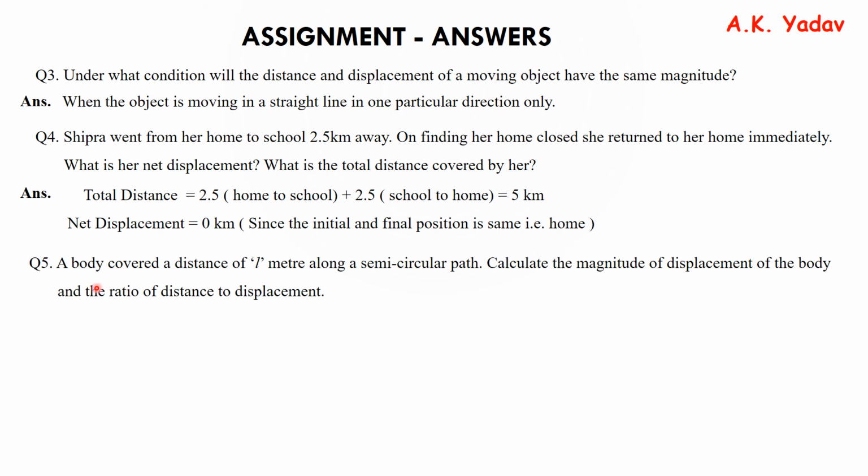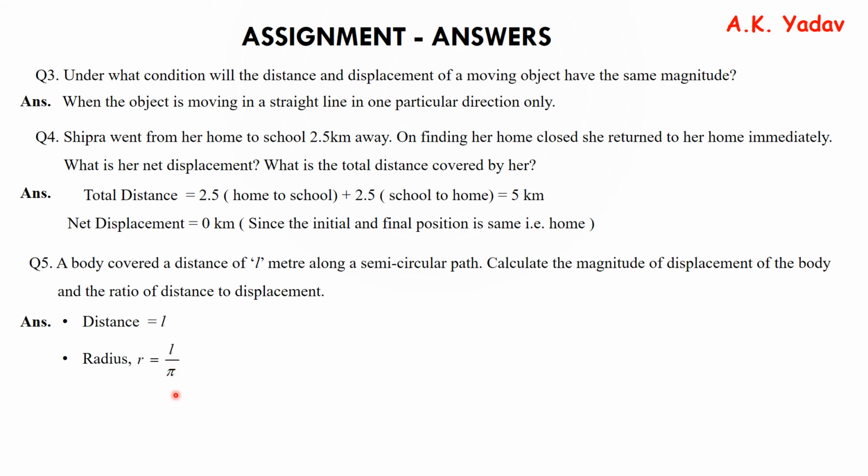Question number 5. A body covered a distance of L meter along a semicircular path. Calculate the magnitude of displacement of the body and the ratio of the distance to displacement. Now, the distance is equal to L as it is given in the question. What about the radius?